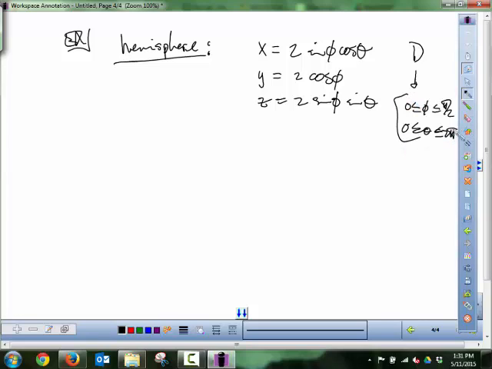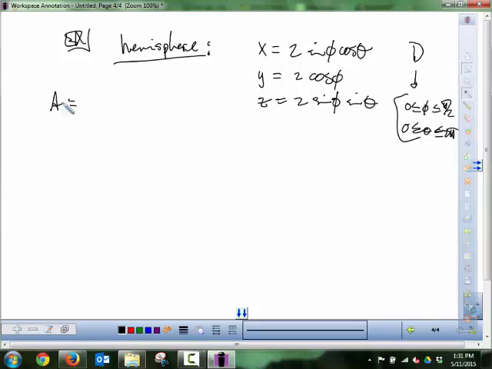By the way, before we work this out and get an answer, what should the area be of a hemisphere of sphere radius 2? You guys remember the surface area formula? The 4/3 is the volume. What's the area of a sphere?